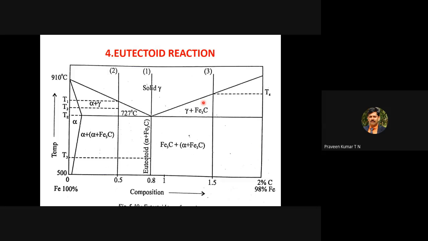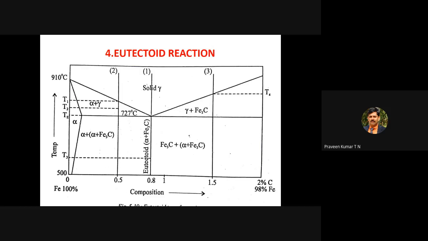Yes, sir. I have been teaching this subject for many years, more than 10 years. Students face difficulty in the iron carbon diagram and heat treatment. Earlier there was a unit scheme: 8 units and 8 questions, and out of 8, the student had to write 5 questions, choosing any 5.